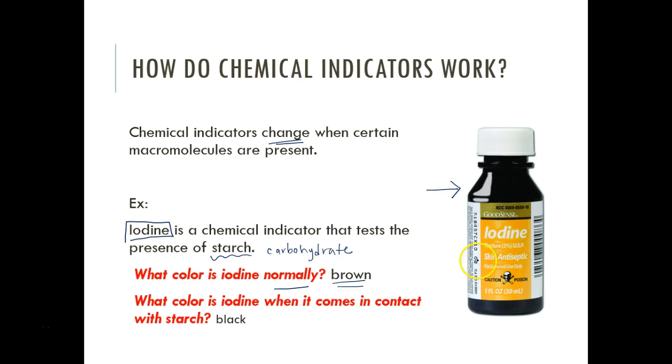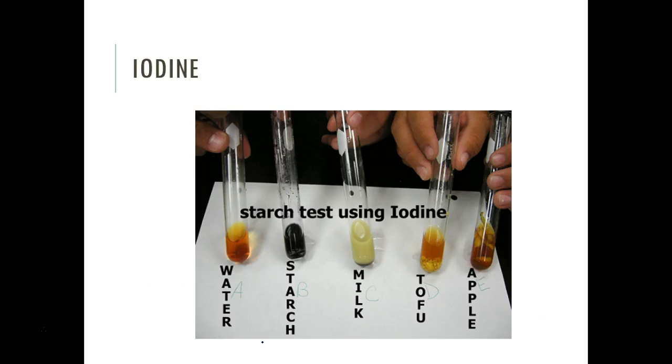You can't really tell from this bottle, but if you were to take it out, the liquid is actually brown. However, if you put iodine on something that contains starch, then the iodine changes from brown to a very dark black color. If it turns into that black color, then we know that starch indeed is present. If it stays as that brown color, then we know starch is not present.